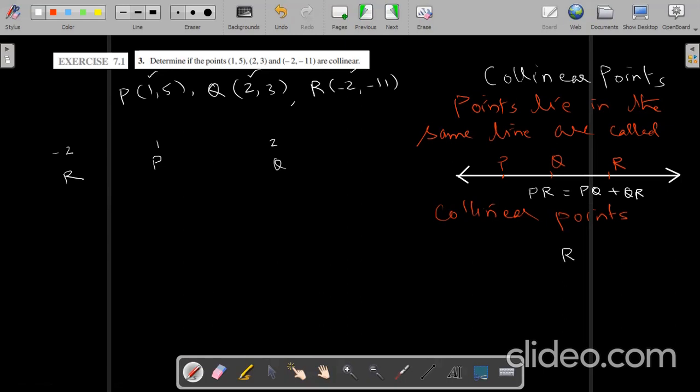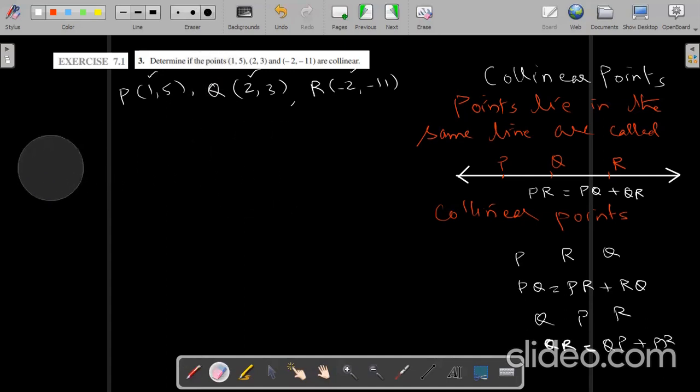If R is between P and Q, then PQ is equal to PR plus RQ. And if P is in between Q and R, then QR is equal to QP plus PR. So we don't have to worry about which point is lying between.